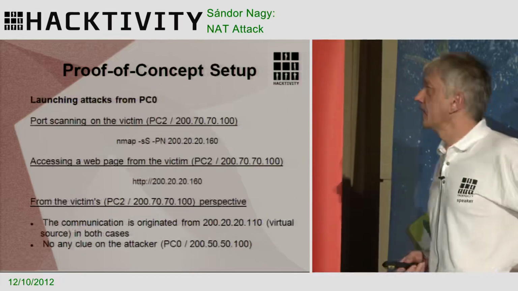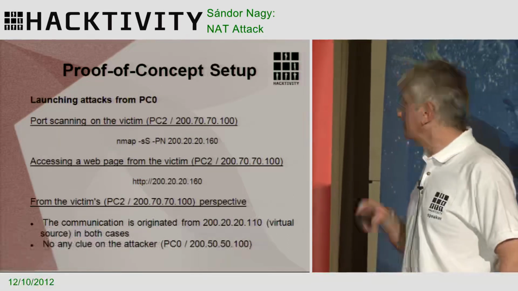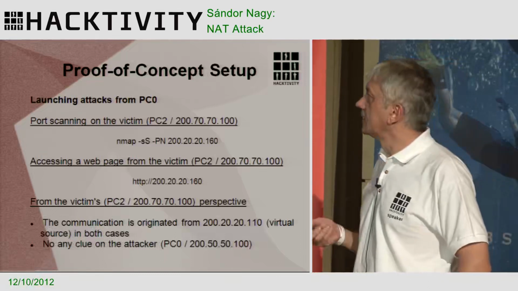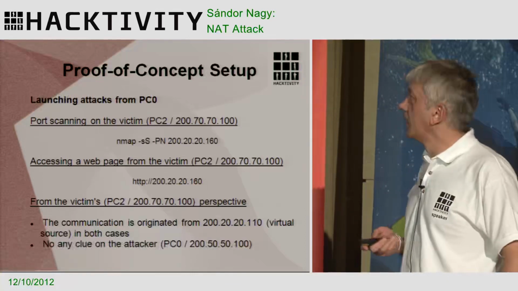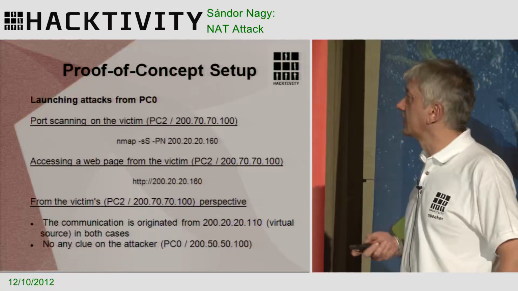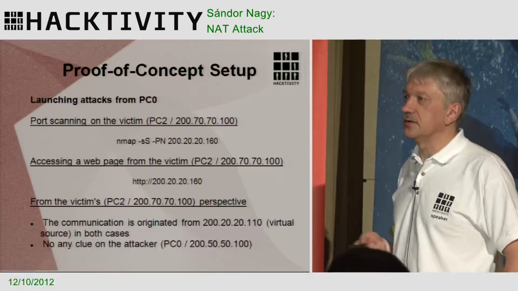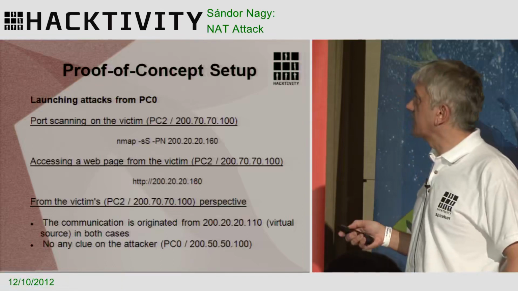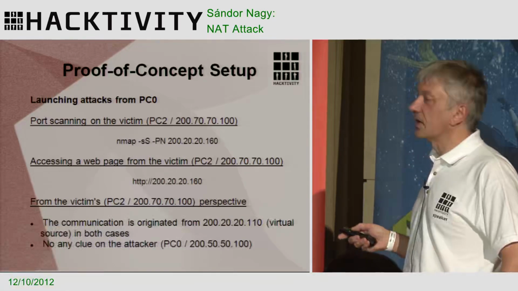So all the necessary things are in place. Between the attacker and the target, there is a two-way communication channel, and how can the attacker use it? First of all, what does an attacker want to do? First of all, he wants to scan the victim. The victim has this IP, and this is the virtual target IP.